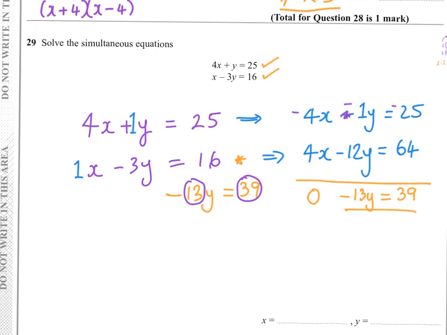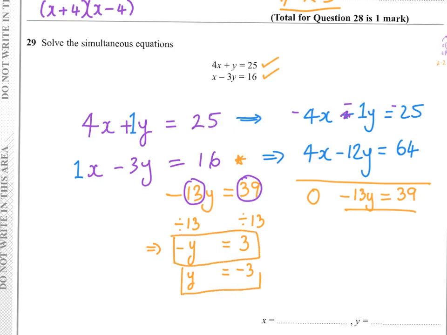But if we divided both sides by 13, then what we'd have is minus 1y, or just minus y, is equal to 3. And again, if we times both sides or divided both sides by negative 1, we would have y is negative 3. That's the same as saying minus something is 3, so that something is minus 3. So that's what we've got for a value for y.